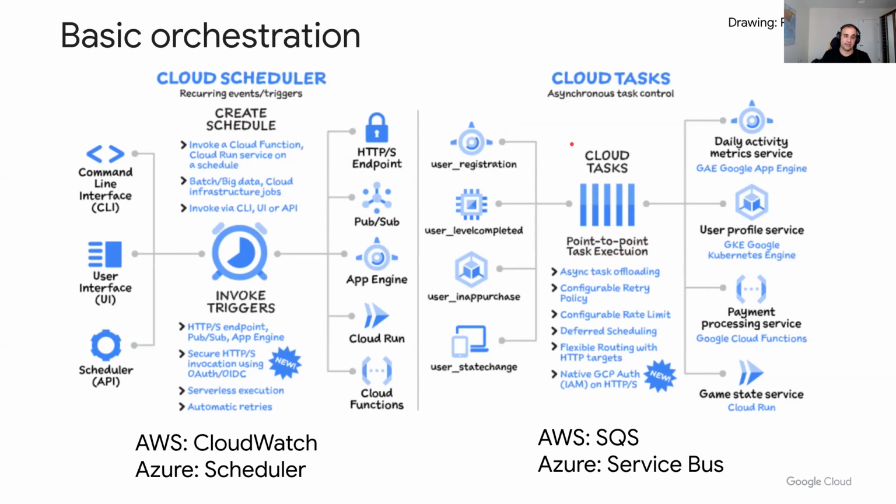You can do that with Cloud Tasks. And again, on AWS, this is called CloudWatch. On Azure, it's called Scheduler. And then Cloud Tasks is probably SQS or Service Bus on Azure. So no matter where you are, you have these basic orchestration tools around your services and containers.